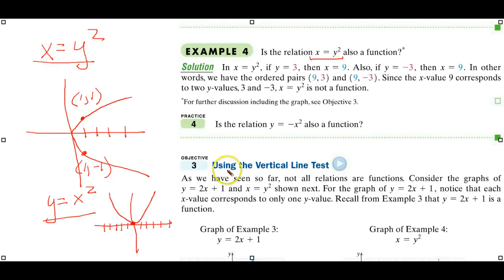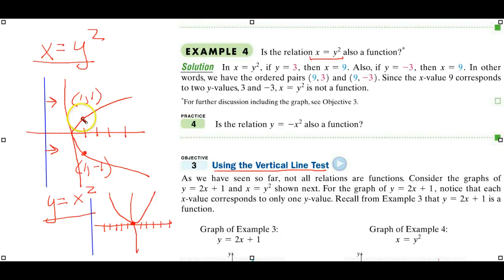Now, an easy way, once you have a graph, to check this is this concept here, and it's called the vertical line test. Now, what is that? Well, if we had a very, very thin vertical line, and we were going to move that line over the face of our graph, would this line intersect this graph in more than one place?